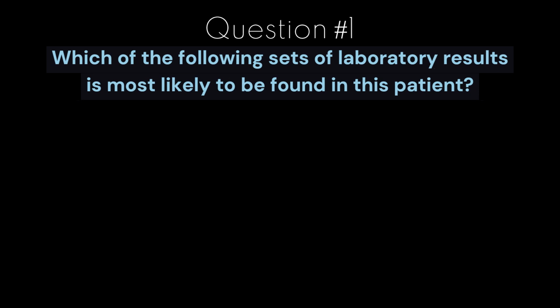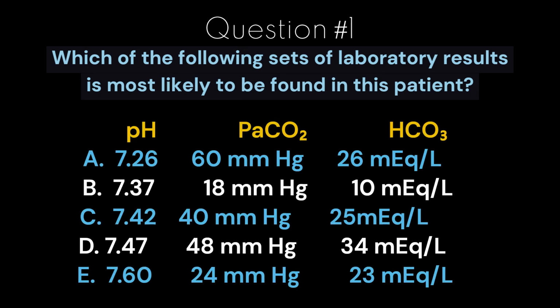For the following case, which of the following sets of laboratory results is most likely to be found in this patient? A. pH 7.26. Arterial partial pressure of carbon dioxide 60. Bicarbonate 26. B. pH 7.37. Arterial partial pressure of carbon dioxide 18. Bicarbonate 10. C. pH 7.42.